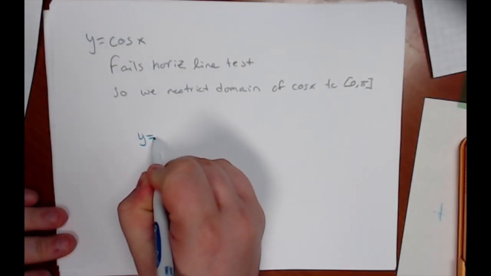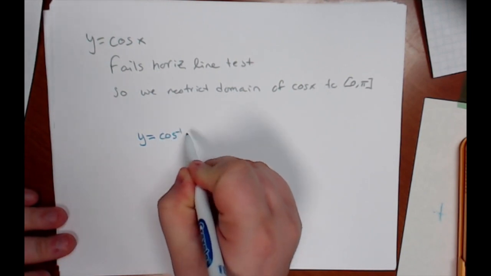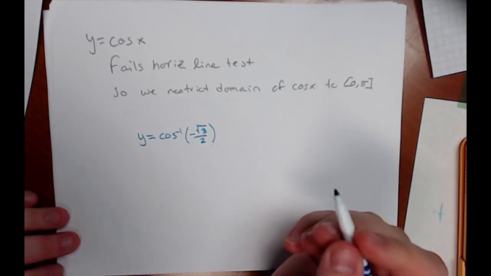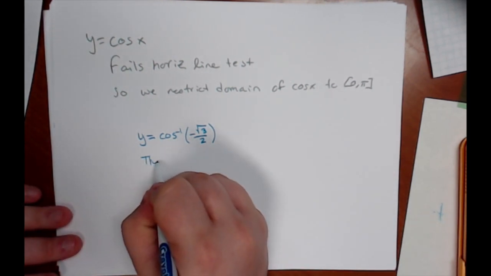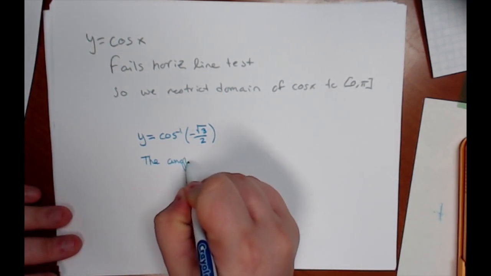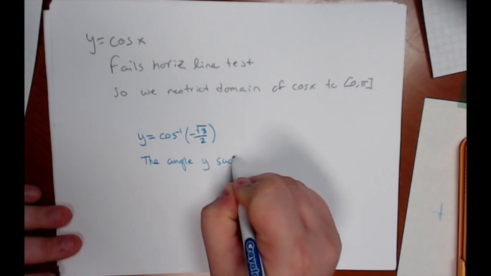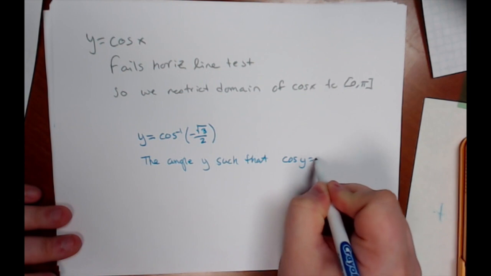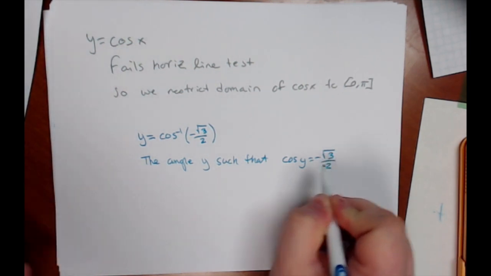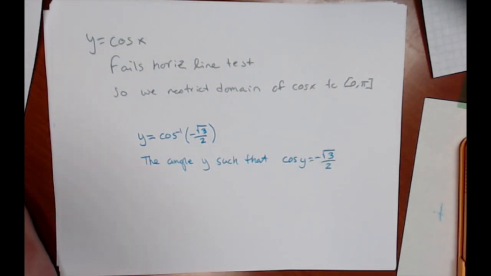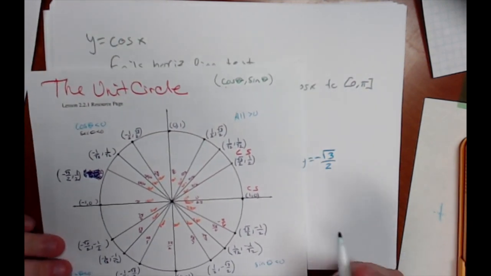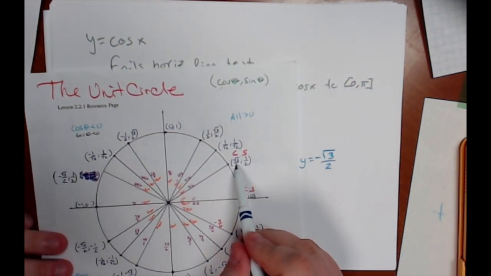So y equals cosine inverse of negative root 3 over 2. And now remember, this asks us the angle y such that cosine of y is negative root 3 over 2. And so to do this, what we need is our handy-dandy unit circle. And cosine is our x-coordinate.